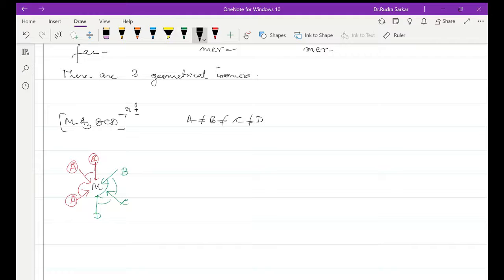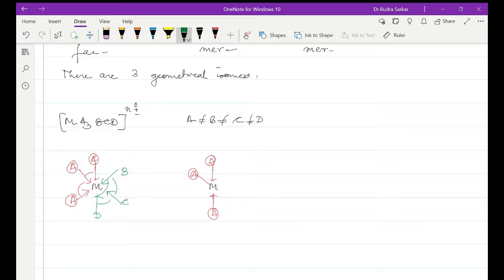Let's think of the Meridional isomers. So for that, the trick I have shown you is that you place both the A atoms at 180 to each other, and the other one, obviously, you place in any of the positions, but it will always be 90 with respect to both the A's.